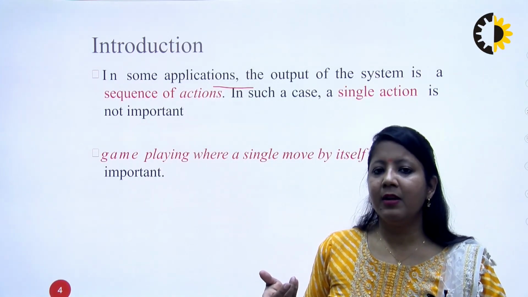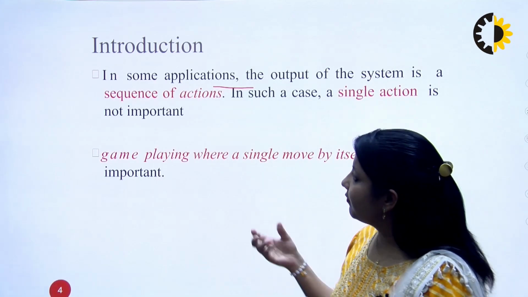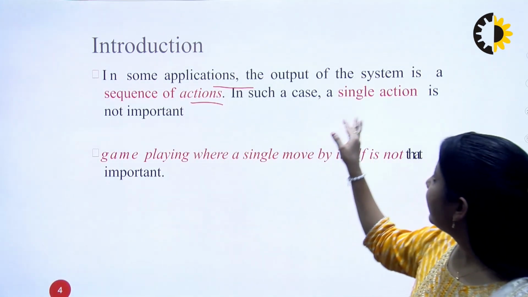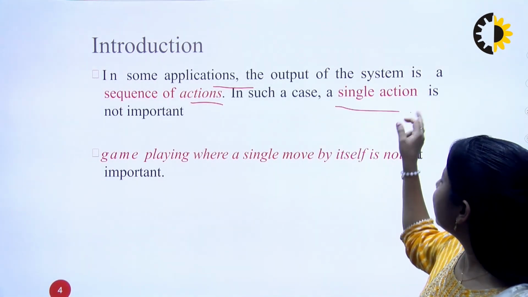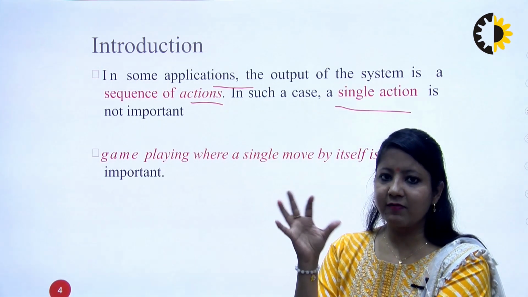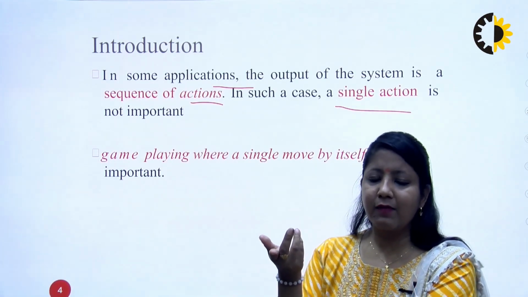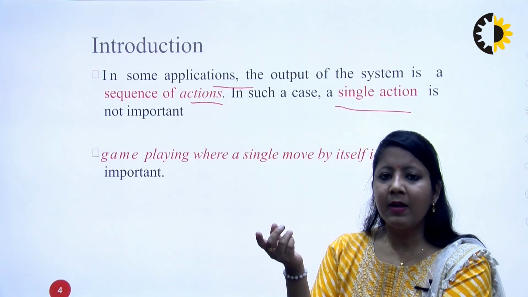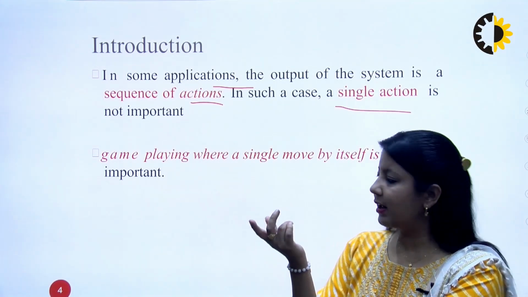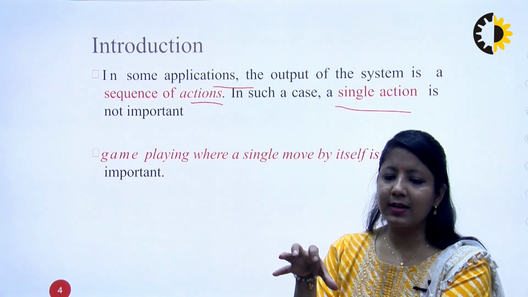This learning helps the user how to move and how to reach the target. We have a sequence of actions here, and in such a case a single action is not important, because either we win or we lose the game. But if we move correctly at each step, then we will definitely win the game. So this is a collection of actions, not any single action.